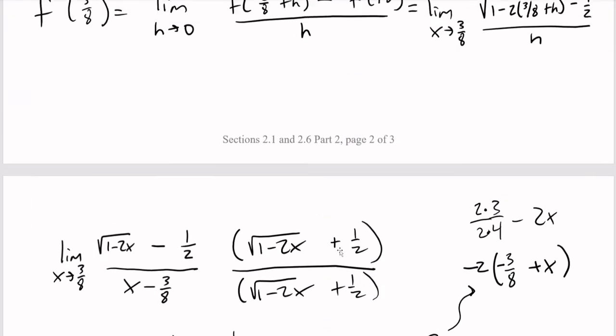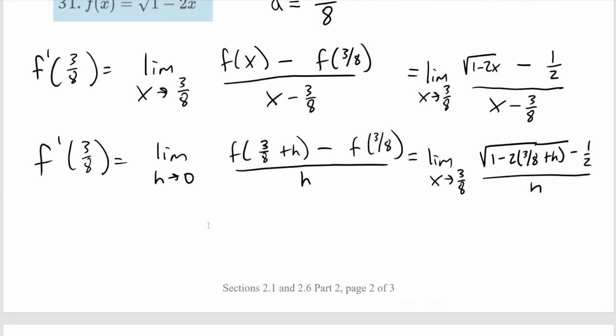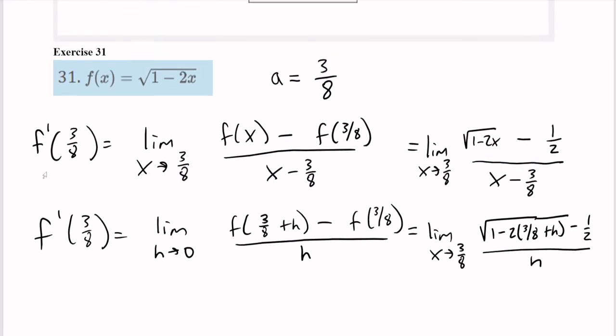Now, the way that you need to think about this in terms of the derivative being a function is, what was special about 3/8? Was there anything special about 3/8 here? And you might say, well, yeah, it's nice when you plug it in. True. But does it really matter if I plugged in 2/8 instead of 3/8?